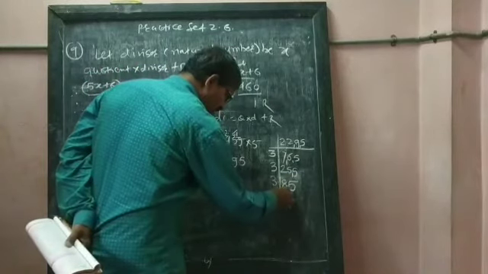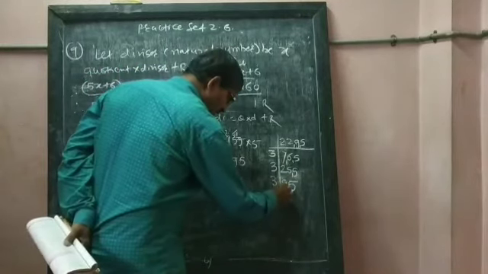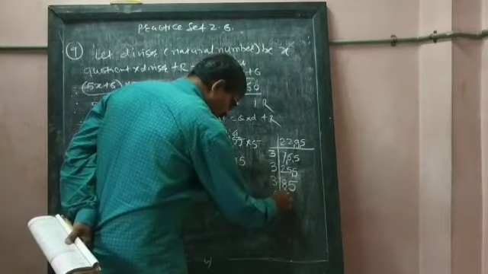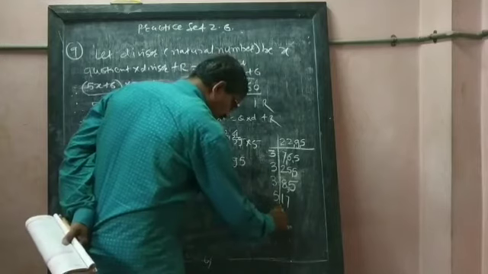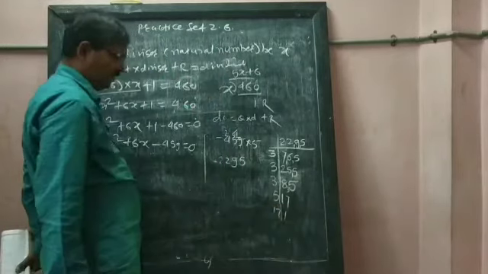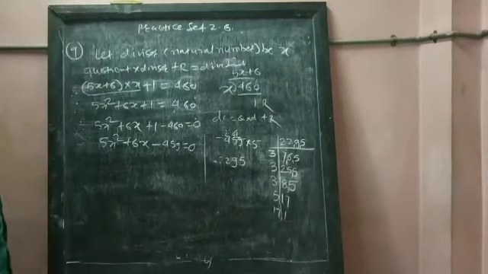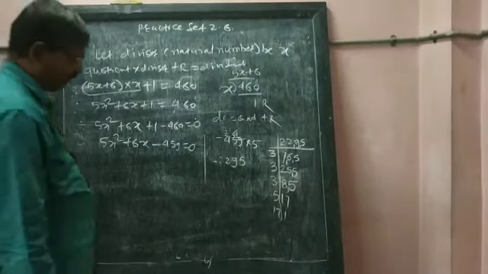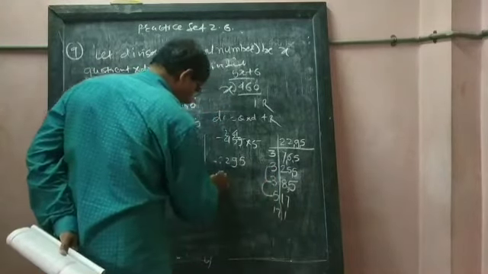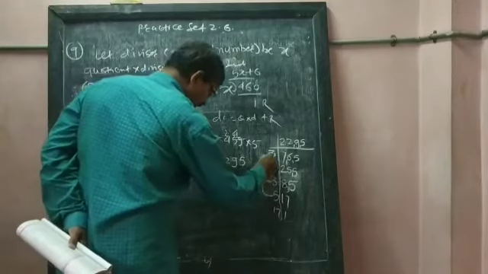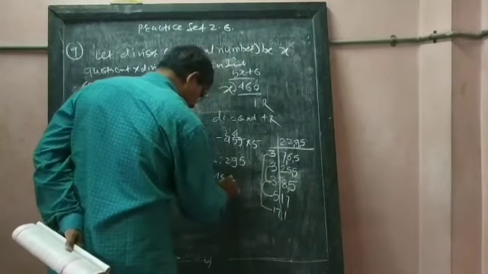Now it will not go by 3, it will go by 5. 5 1s are 5, 3 remainder, 5 7s are, and 17 1s are. Okay, is it clear?